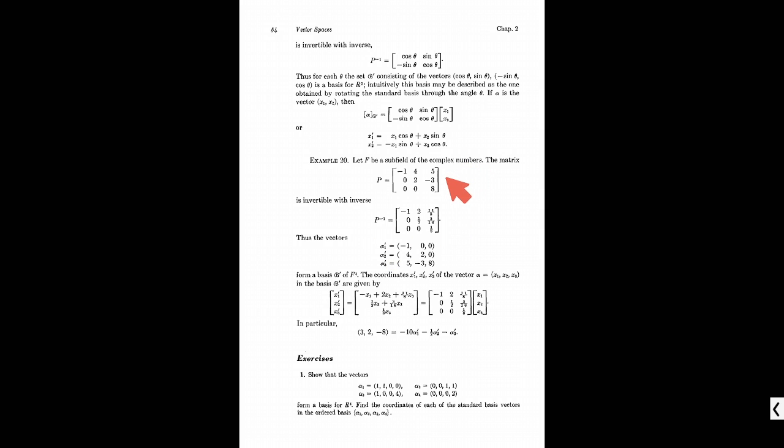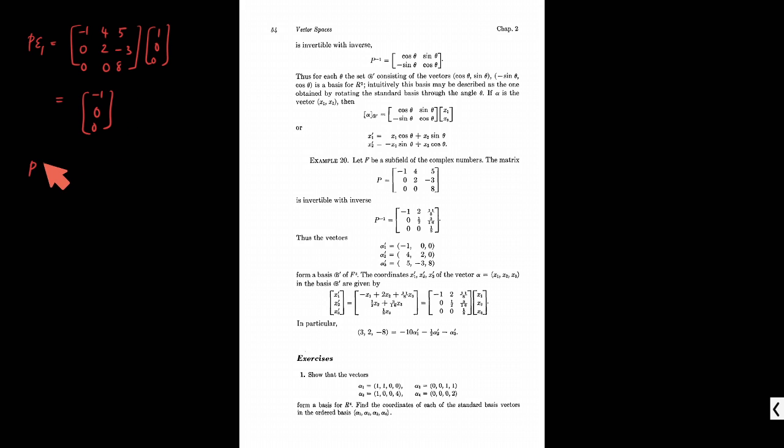Then once you multiply this P with epsilon 1, that is the matrix with rows (minus 1, 4, 5), (0, 2, minus 3), (0, 0, 8) multiplied with (1, 0, 0), that will be the vector (minus 1, 0, 0).